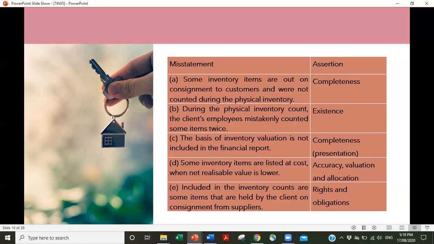Now, I could argue, or I would argue, that the basis of valuation actually is not only completeness, but it's also accuracy, valuation, and allocation. So the thing to think of here is that sometimes auditors will differ in their opinion associated with this as well.